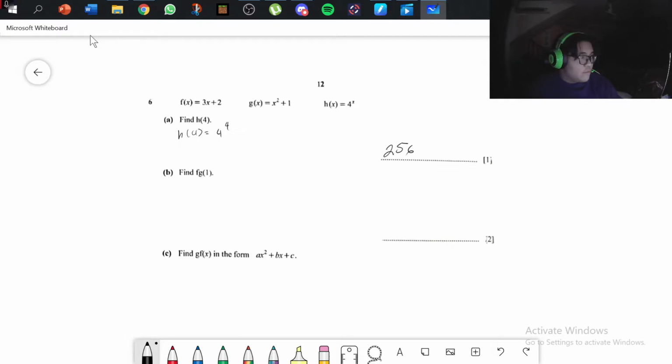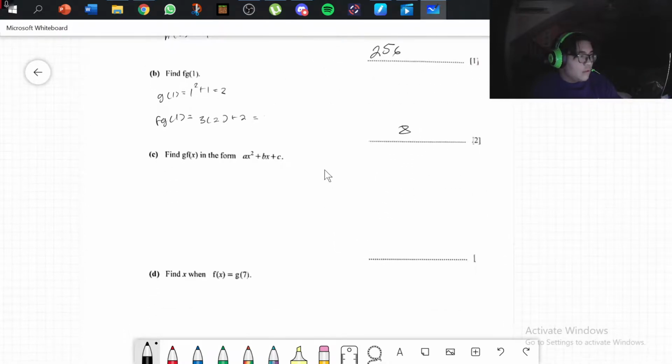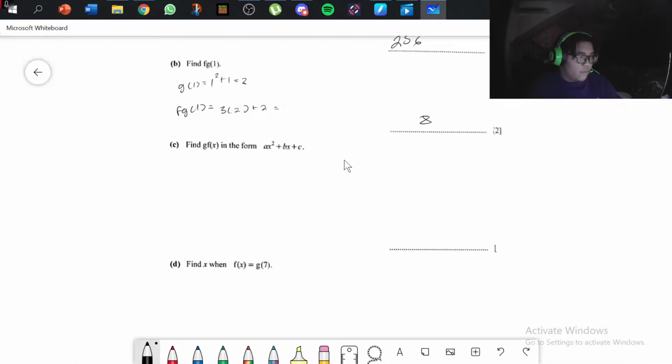Find fg(1). Yes, we can find the g first. So g(1) is equal to 1 squared plus 1, which is 2, and then fg(1) is equal to 3(2) plus 2, which is 8. And then find g(x) in the form of ax squared plus bx plus c.